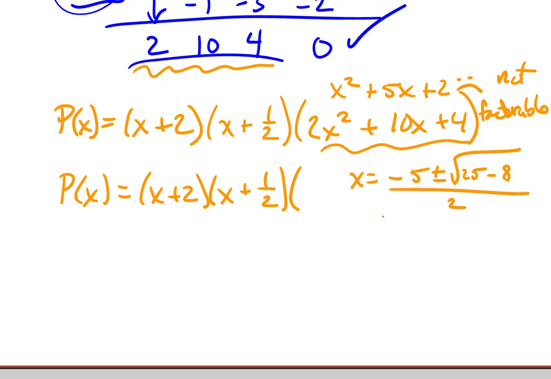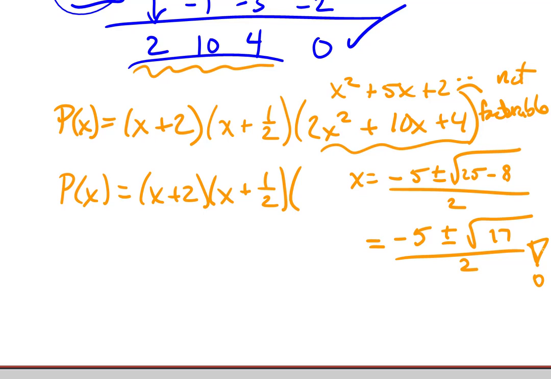So indeed, this will work out as some roots or zeros, but they're not rational, right? This would be just negative 5 plus or minus the square root of 17 all over 2, and that's not reducible. So that's fine. It's still part of our answer, but notice it's just not a rational zero.